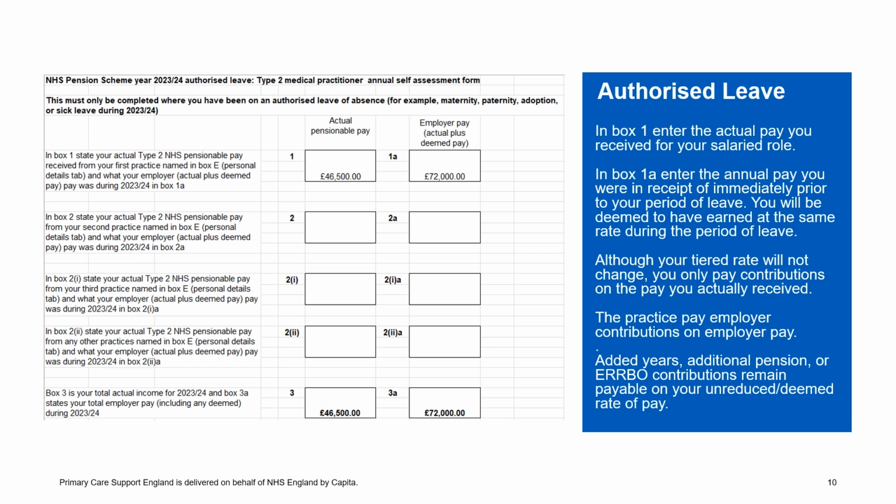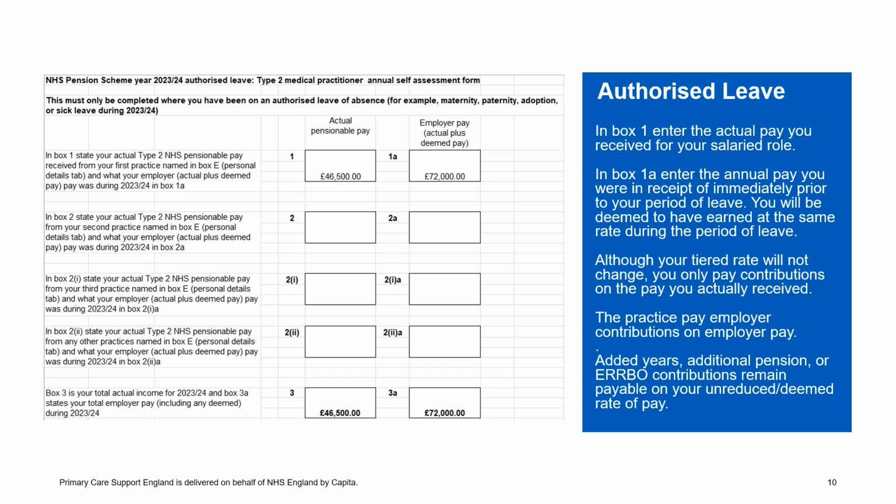If you had any maternity or paternity or adoption or sick leave in 23-24, so authorised leave, you need to complete the authorised leave tab of the Type 2 form. So you will have already selected yes to the question in the personal details tab at the start of the form, and now we complete this authorised leave tab.